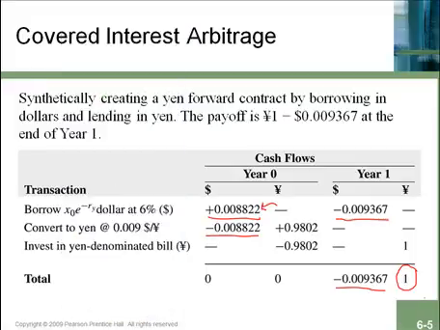So hopefully you see here that this is how we would create a synthetic forward contract on the yen. The resulting payoffs are identical to the regular forward contract on the yen.